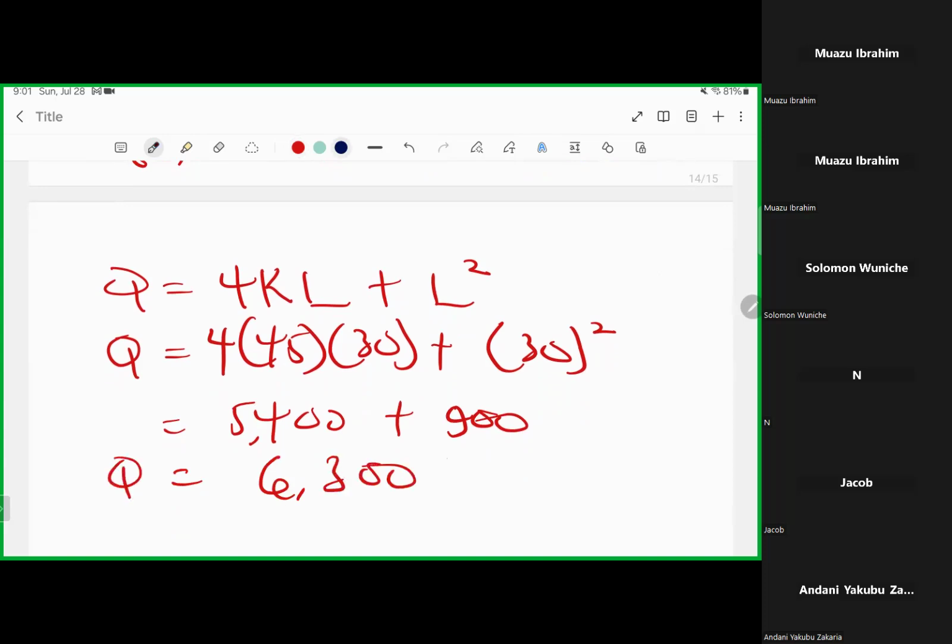So OverB can produce 6,300 bags of pure water if he employs 45 units of capital and only 30 units of labor. This is the maximum output that OverB can produce, given OverB's budget constraint of 105 Ghana cedis.